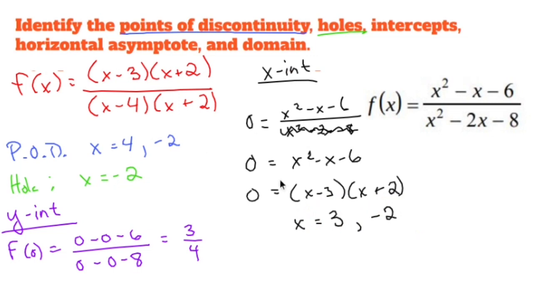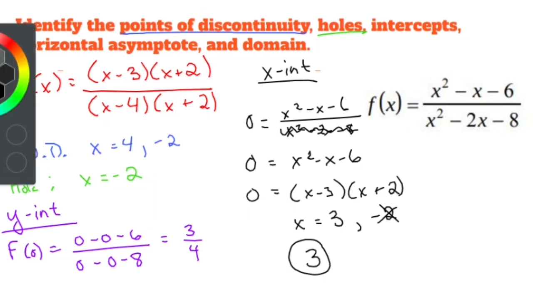But wait, x can't be -2 because it's discontinuous there. So my only x-intercept is at 3. It looks like it should appear at two places, but it's not allowed to be -2 because that's where the graph is discontinuous.